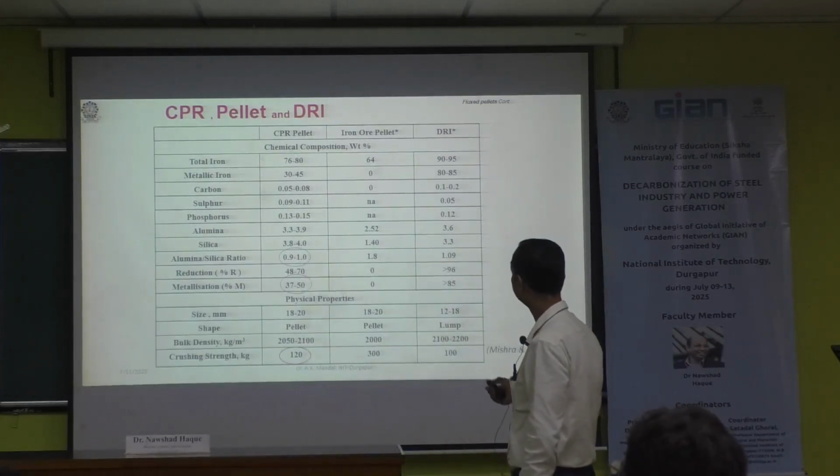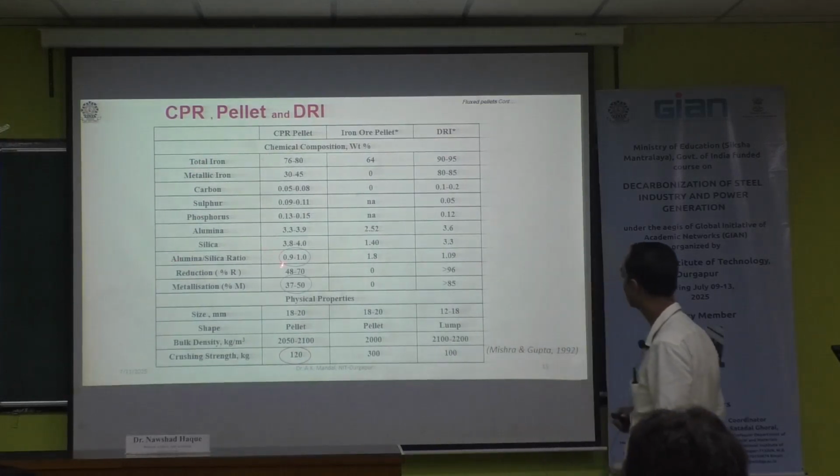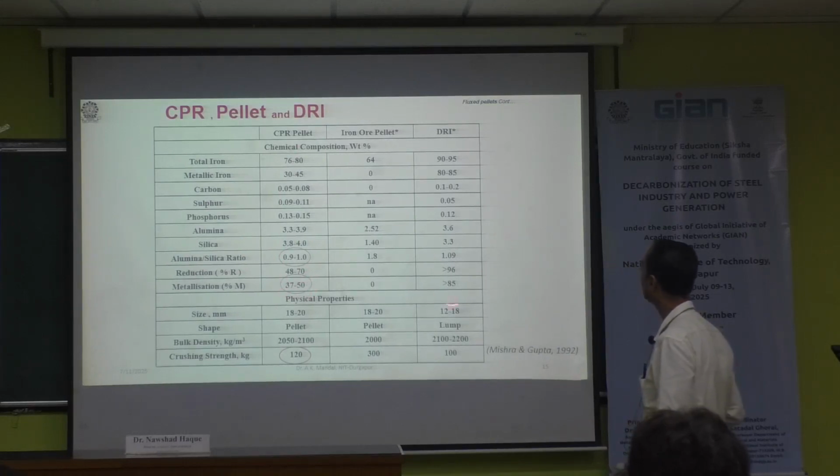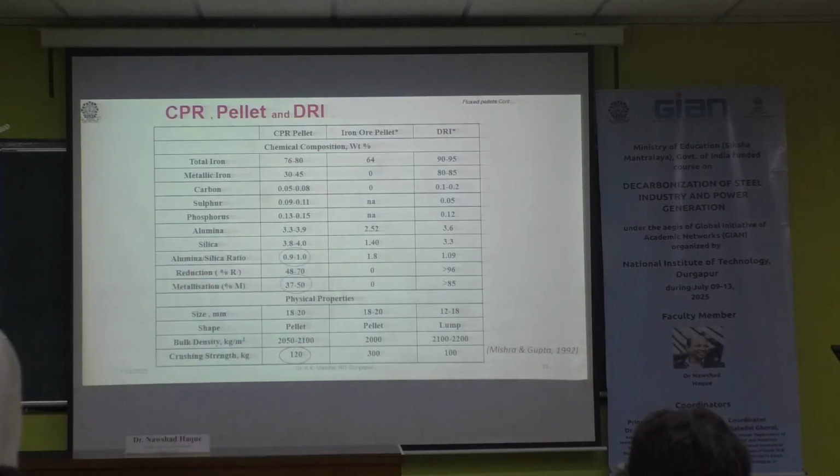Then this is the comparison of CPR pellet and DRI. If you see, the alumina CPR ratio is less here. Metallization percentage is sometimes very low as compared to the DRI. Is it a coating on the top? Coating is partially reduced.